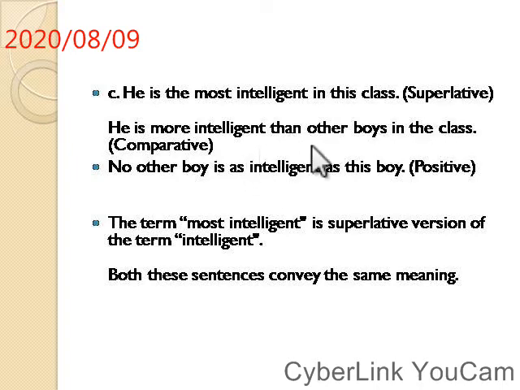And in positive: no other boy is as intelligent as this boy. Positive, comparative, superlative. No other boy is as intelligent as this boy. He is more intelligent than any other boy in the class. He is the most intelligent boy in the class.